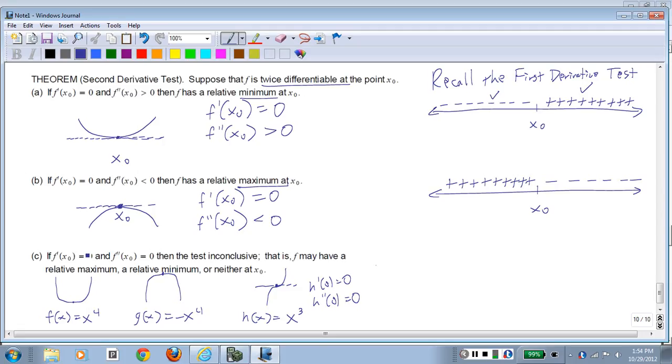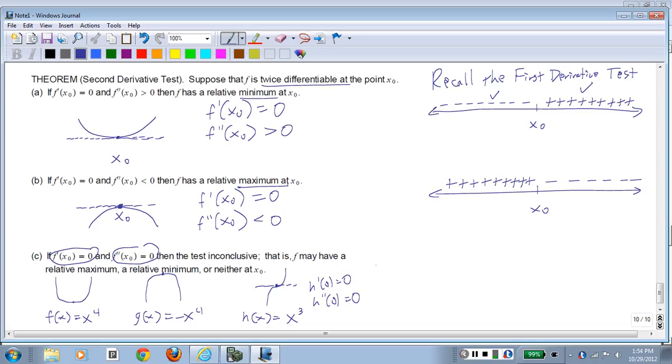So when f prime of x is equal to 0 and when f double prime of x is also equal to 0, the function may have a relative maximum, may have a relative minimum, it may have neither. The test is inconclusive. We just don't know. So what we do in that case is we appeal to the first derivative test.